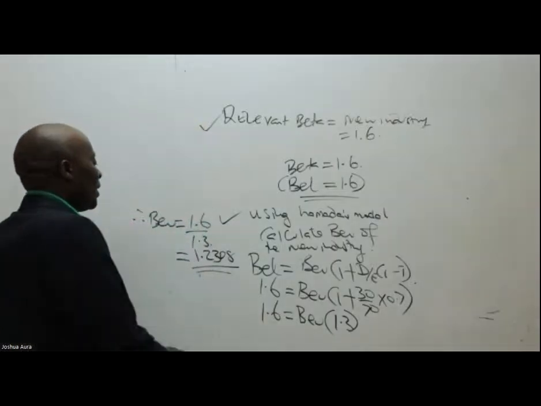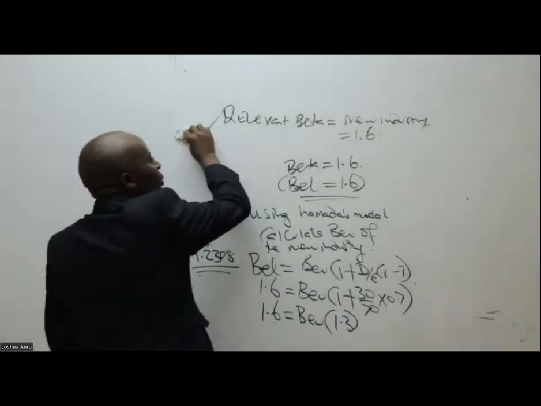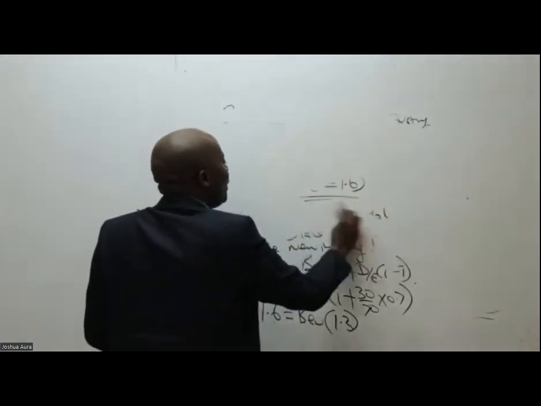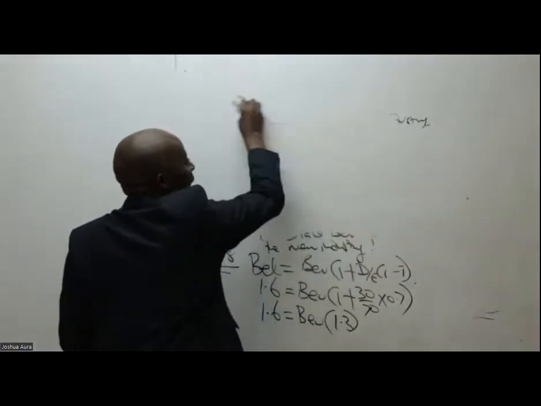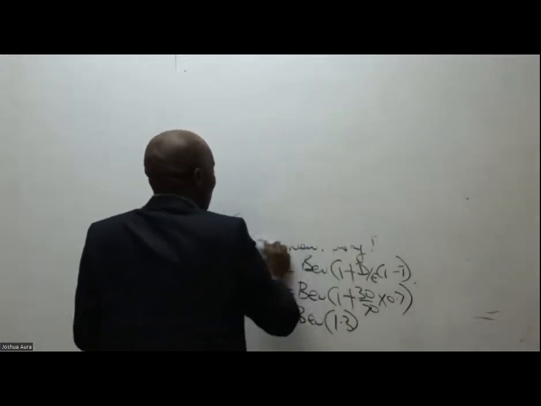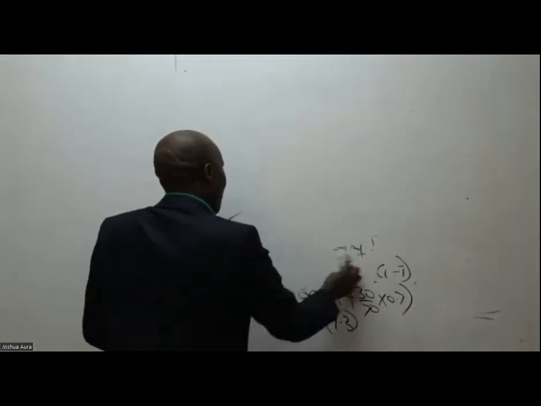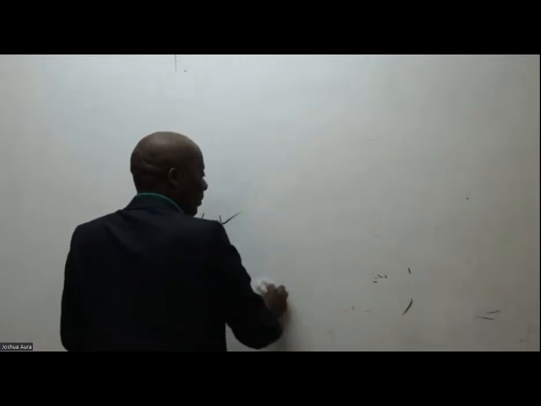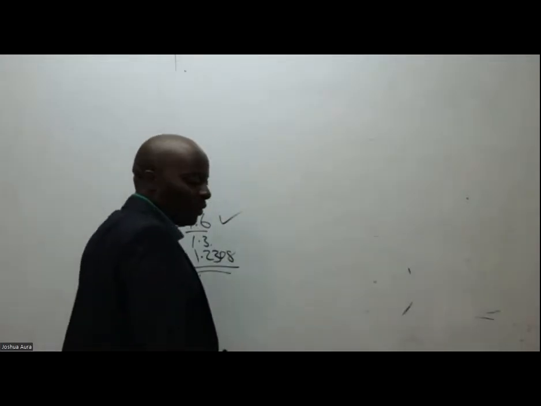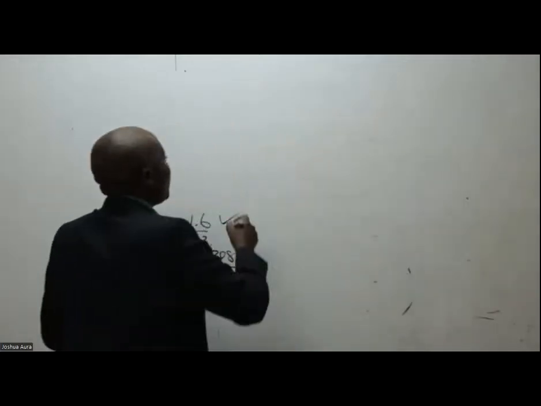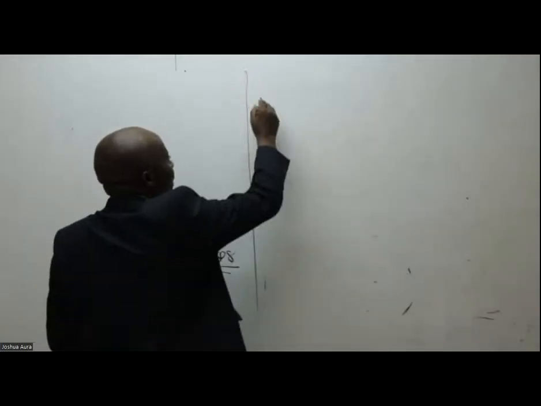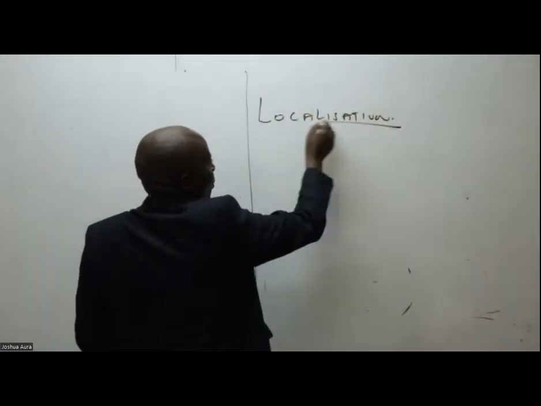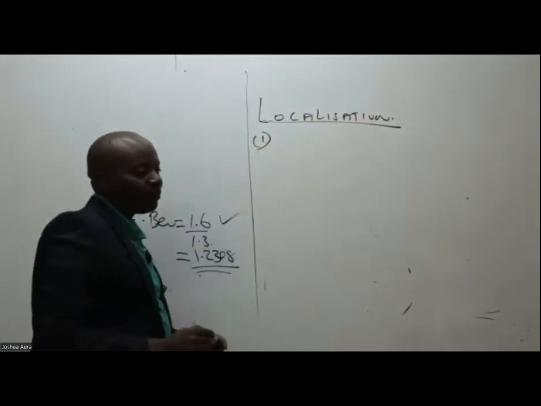So after getting this BEU, now I can apply this BEU of the relevant new industry to the various scenarios given. Now this becomes very easy for me. What I'm doing now is localization, starting with number 1.